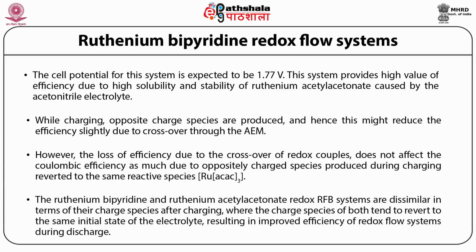The ruthenium bipyridine and ruthenium acetylacetonate redox RFB systems are dissimilar in terms of their charged species after charging, where the charged species of both tend to revert to the same initial state of the electrolyte, resulting in improved efficiency of redox flow systems during discharge.